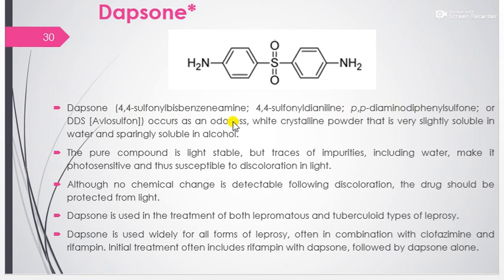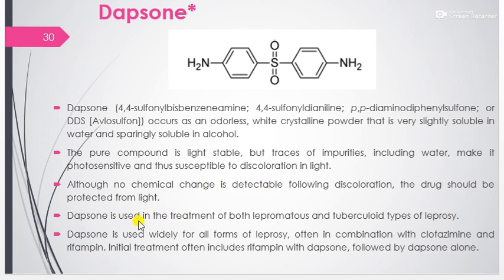It occurs as an odorless white crystalline powder which is slightly soluble in water and sparingly soluble in alcohol. The pure compound is light stable, but traces of impurities, including water, make it photosensitive and thus susceptible to discoloration in light. Although no chemical change is detectable following discoloration, the drug should be protected from light.